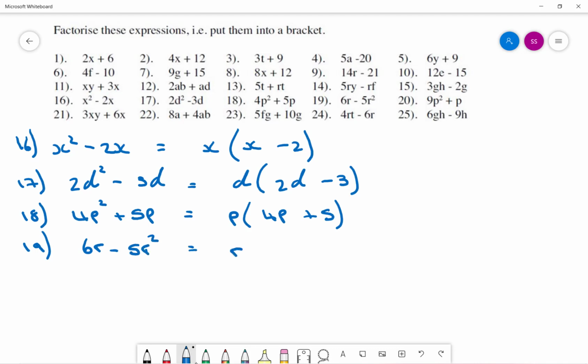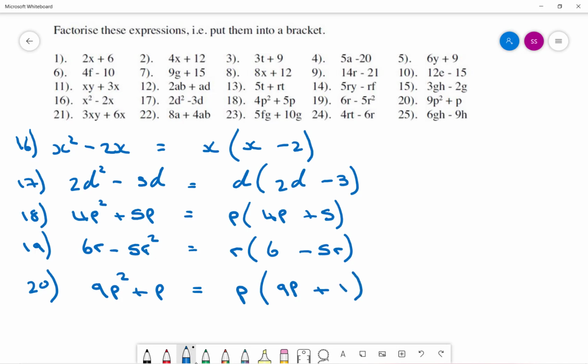Our common factor here will be r. 6r divided by r leaves 6, and minus 5r squared divided by r is going to leave minus 5r. Number 20, last one for our row here. 9p squared plus p. Our common factor will be p. 9p squared divided by p is 9p, and plus p divided by p will leave plus 1, because anything divided by itself is just 1. So there's our answers for our penultimate row.